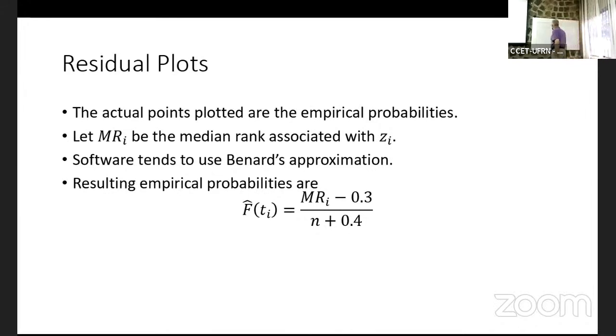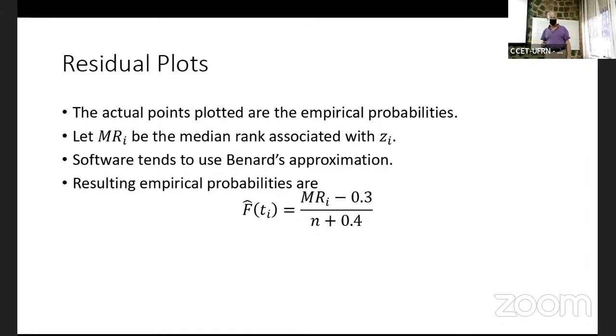So the empirical probabilities are this F hat of T sub I. And how do we do that? There are lots of ways to come up with the empirical probabilities. The reliability community for right-censored data uses the median rank procedure. Meeker and Escobar in their original book took I minus 0.5 or plus 0.05, I forgot which, divided by n.